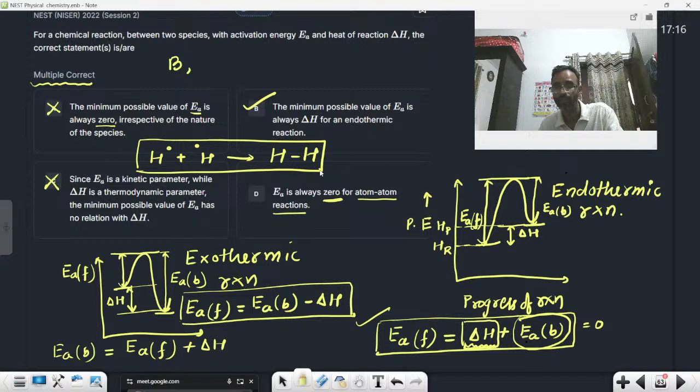Activation energy is required for the breaking of bonds. So in this case, there is no energy required when there are only atoms. There are no bonds at all between the atoms. Atom combines with atom, so we get a molecule. So B and D are the correct options.